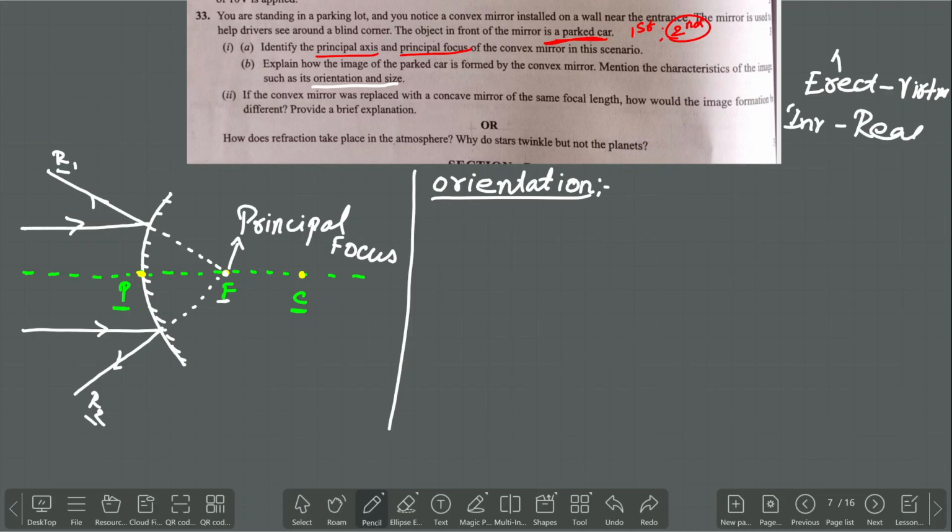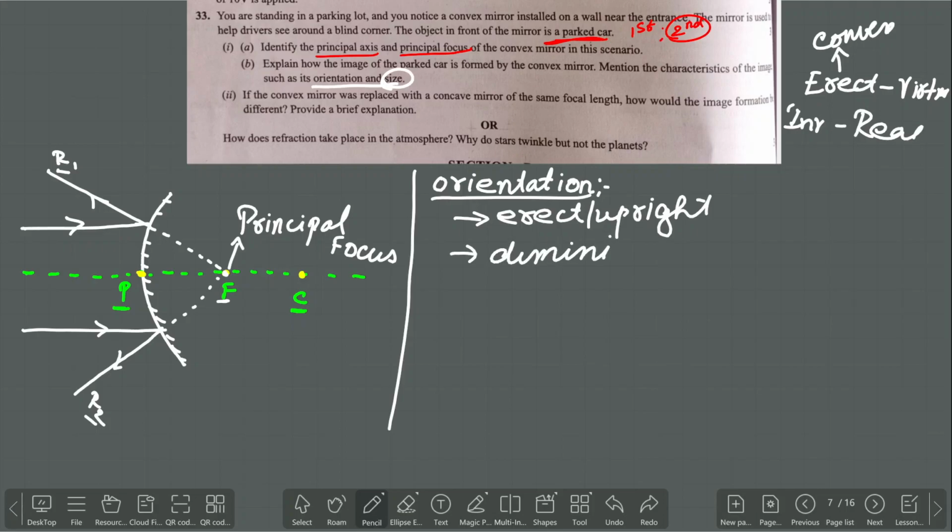For a convex mirror, we all know it always produces only a virtual image. So based upon this condition, the orientation will be erect. Erect, you can also call it upright. So first we completed that. Next they are asking about the size. The size is going to be diminished.